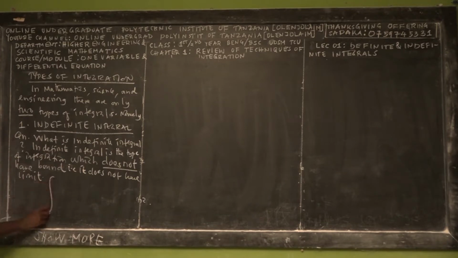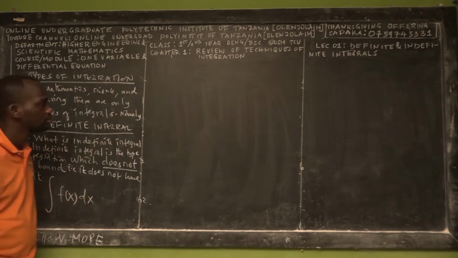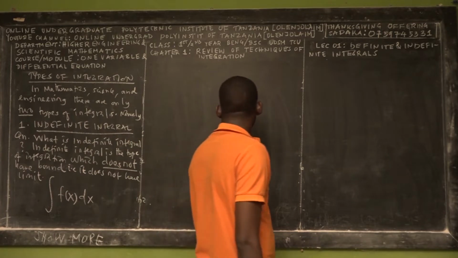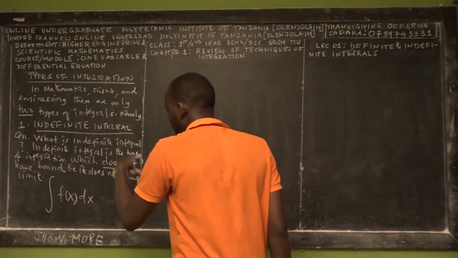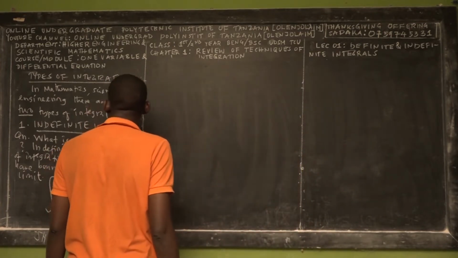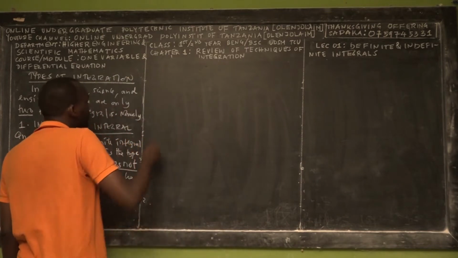So this type of integral, this is the integration symbol, right? We present it in this way. So this is for the single variable integral, right? This is the symbol, okay? So integral of f(x) dx. Again, we say that we have the indefinite integral of the single variable.